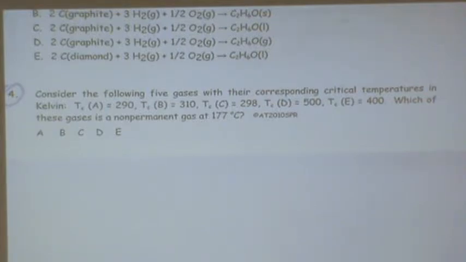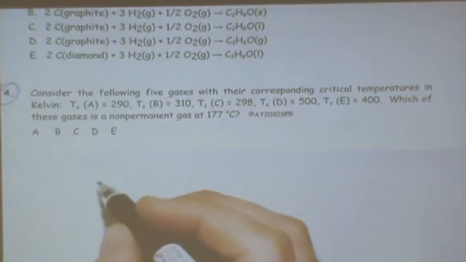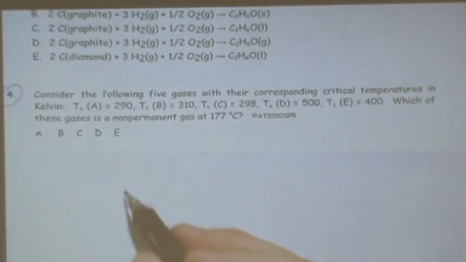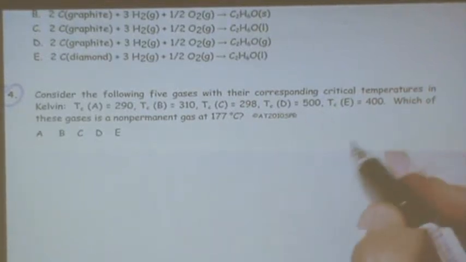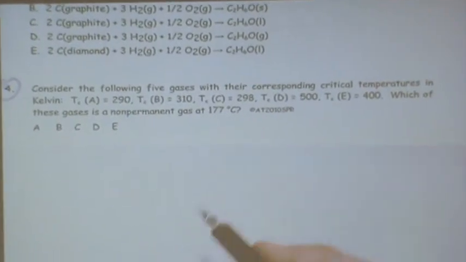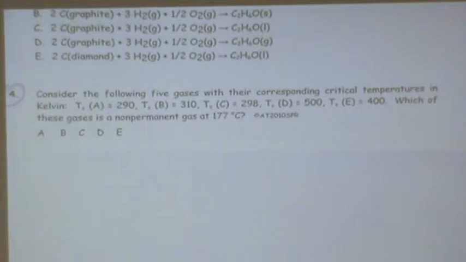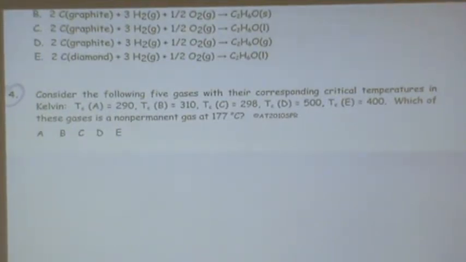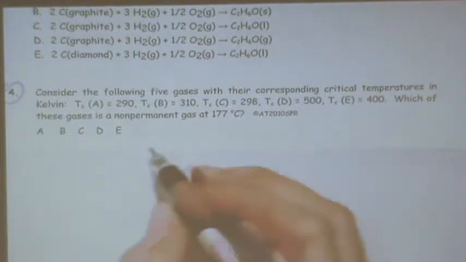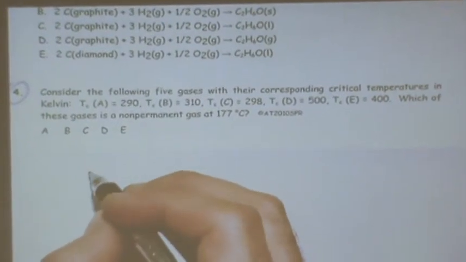There is a way to do it, otherwise you really get confused how to answer this problem. Okay? So what you do is, you have a problem like that, you put these temperatures in a column, right? So let's say we have, which is the smallest. First of all, this one has to be converted into Kelvin, because to compare they have to be always the same units, right? So the first thing you will have to do is to convert the 177 into Kelvin, which will be what?